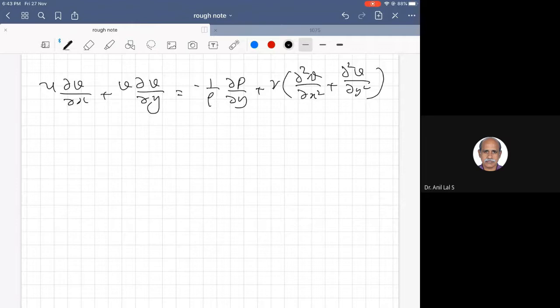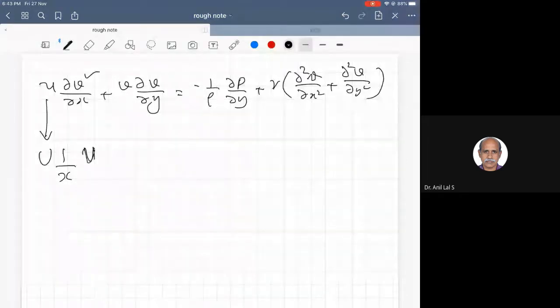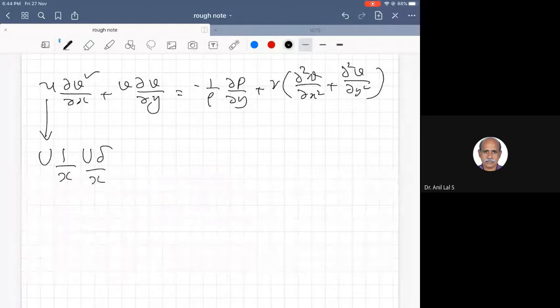So u scales as the order of capital U, dou by dou x is the order of 1 by x, and v is the order of capital U delta by x. That way we can say that the entire term is U squared delta by x squared.